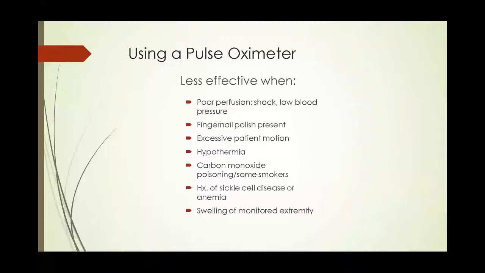They could have carbon monoxide poisoning, in which case the pulse ox would read the carbon monoxide that's bound to the hemoglobin the same way that it would read the oxygen bound. And so you can get a number of 100% and the patient could still be hypoxic. Sickle cell disease can also create limitations, as well as swelling in the extremity. So I think it's just important to realize these limitations in these certain situations.